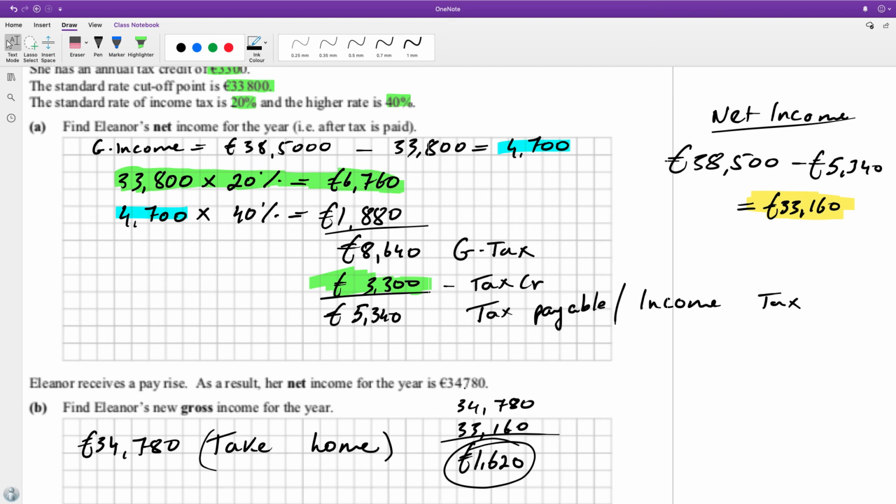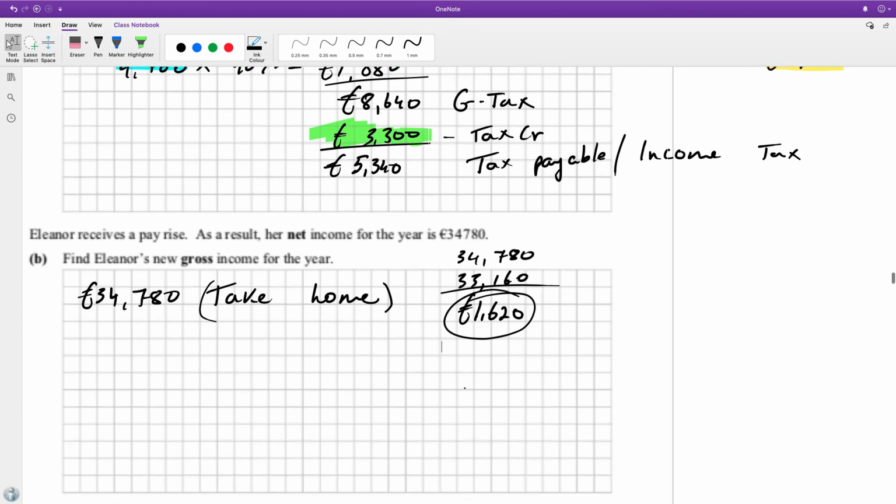She paid 40% tax on it. So that represents only 60% of what she earned extra. So divide that by 60, multiply by 100. It's a hard one to get your head around.